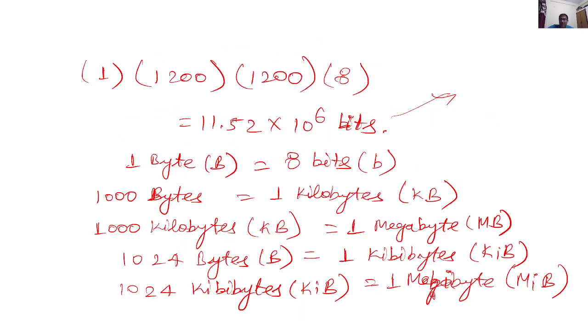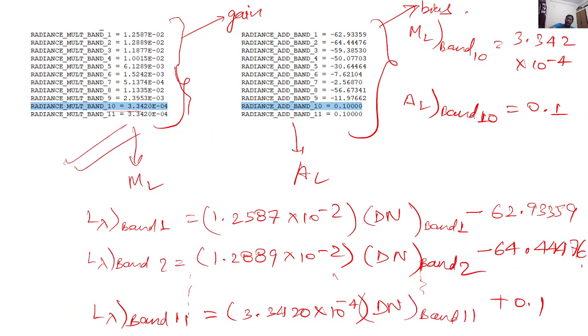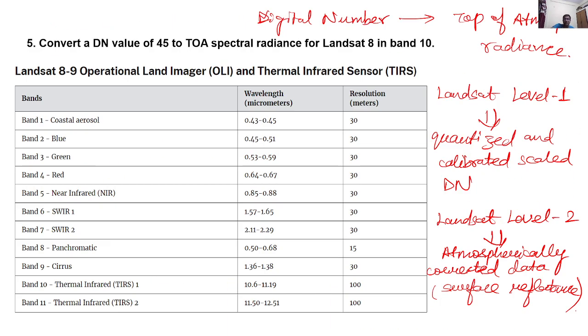Let's go back to the Landsat 8 bands. We took up an example in question number 5. So Landsat 8 is basically a multispectral remote sensing feature, right? And you can see that there are some discontinuities in between. In band 6, the wavelength was 1.57 to 1.65.